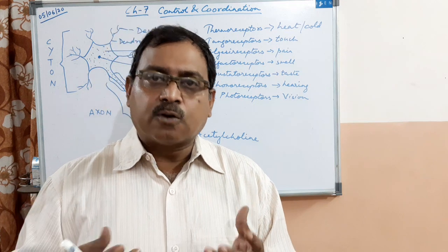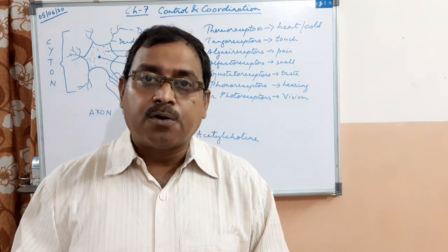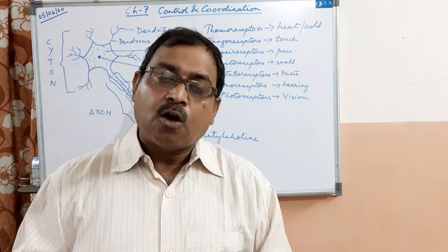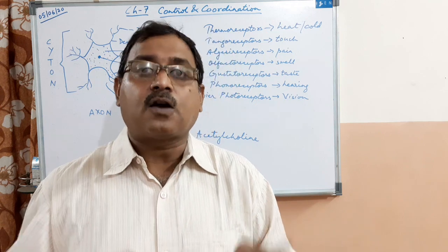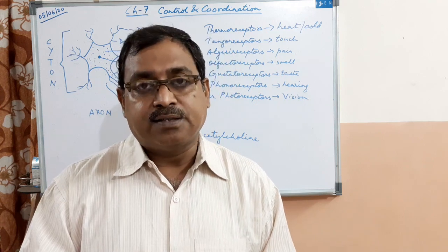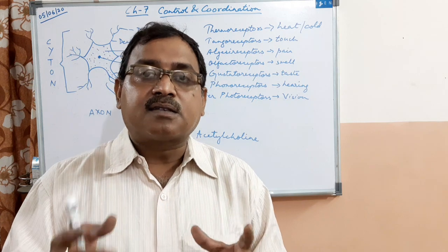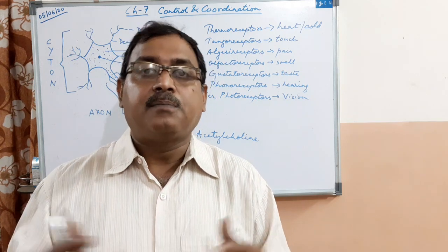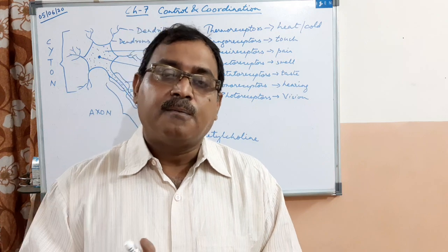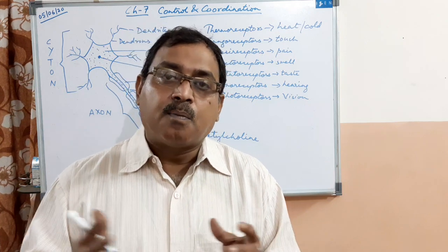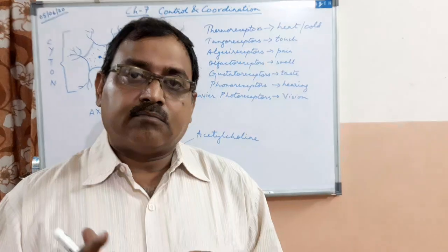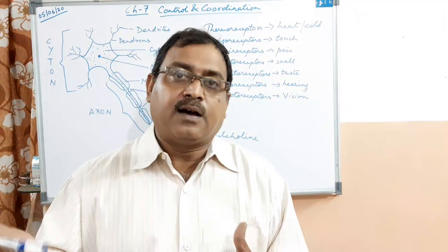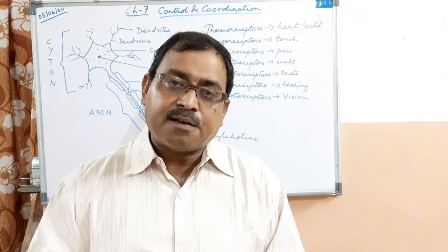If it is an endocrine gland, it will start releasing hormone. Clear? Or it may stop releasing hormone, or stop producing digestive enzyme. If it is a muscle, either the muscle will contract or it will relax, and hence it will bring about a change in the orientation of the body. Clear?